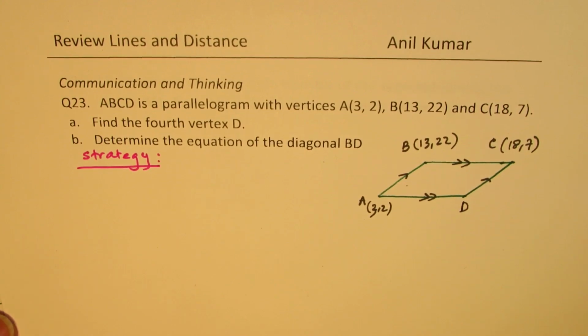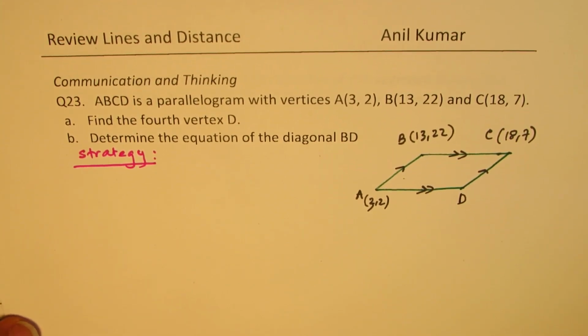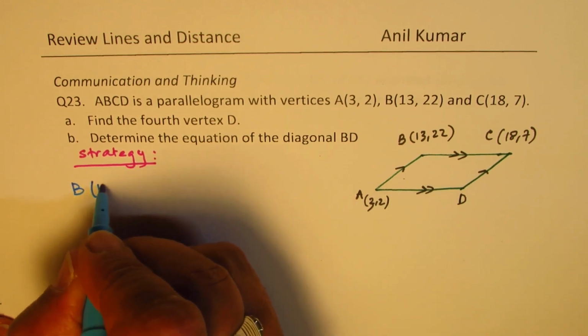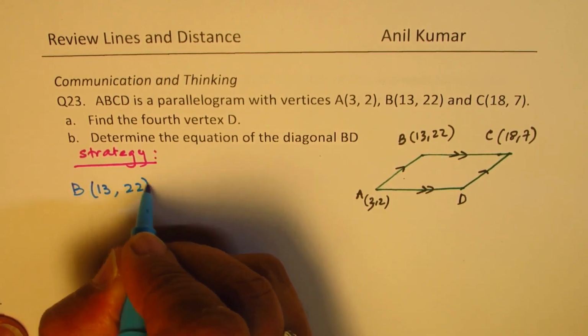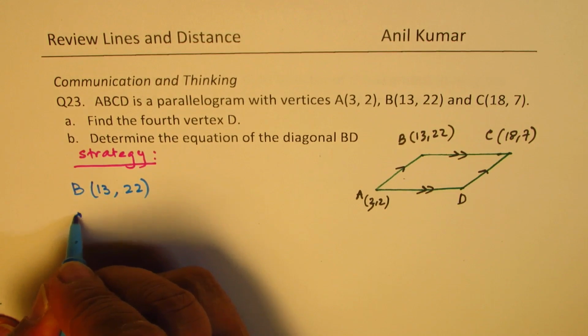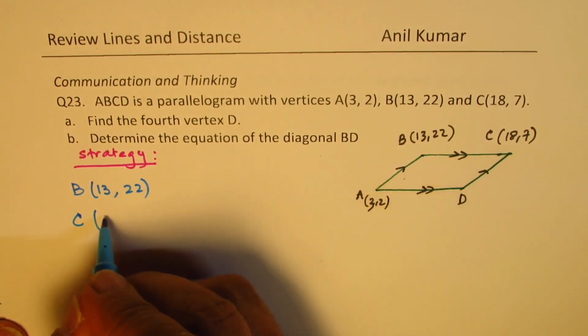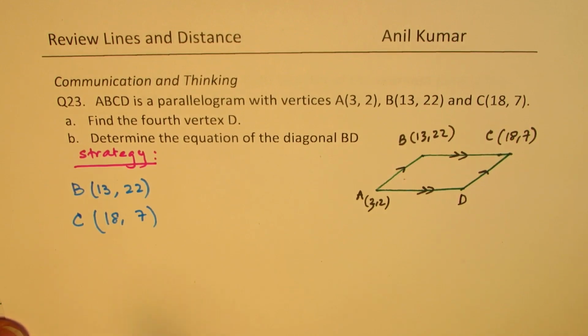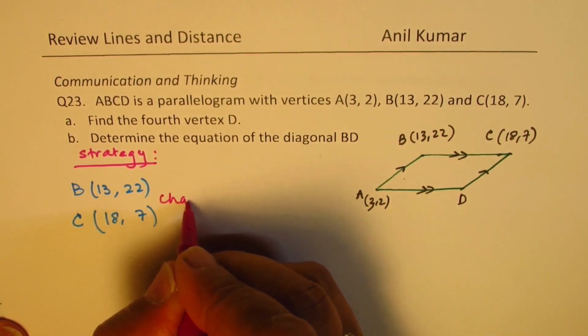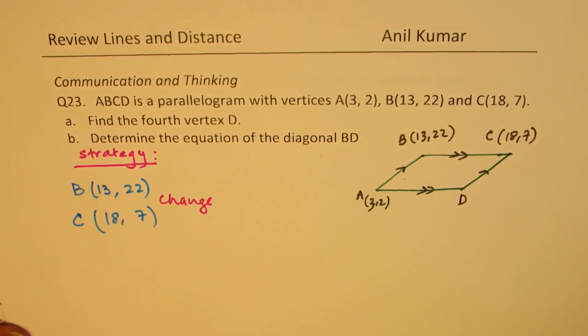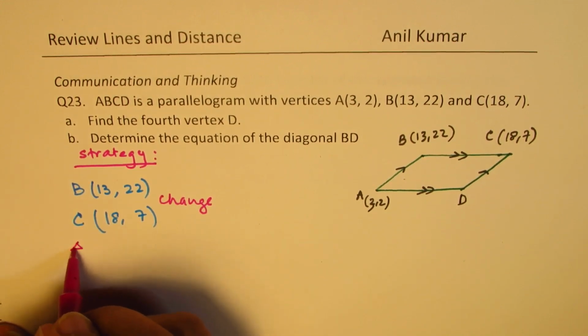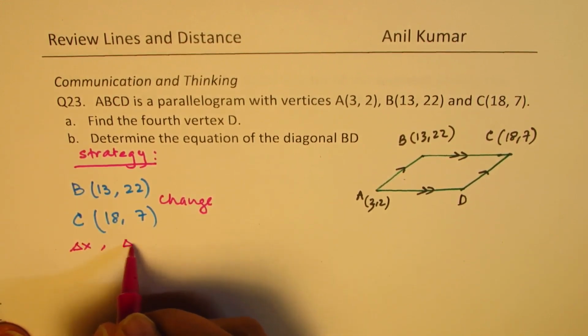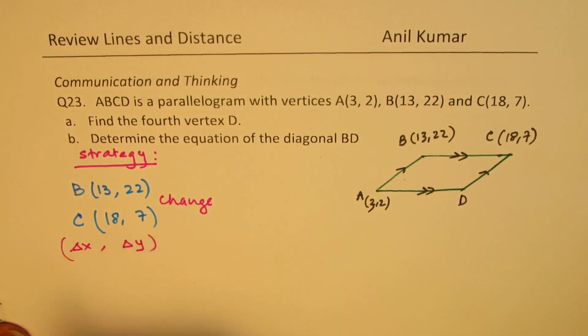What I'm trying to say here is that when I move from B, which is (13, 22), to C, which is (18, 7), what is the change? Change in x value, right? So what is the change, that means what is delta x and what is delta y? That is the change we are looking for.